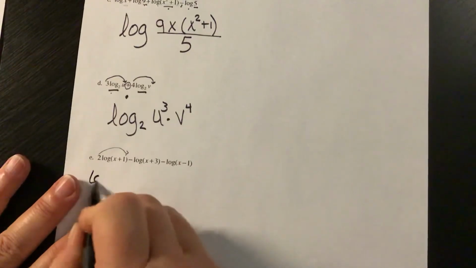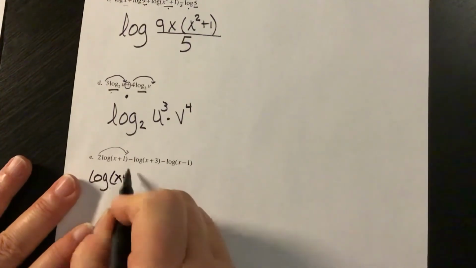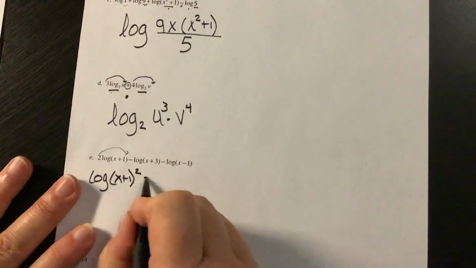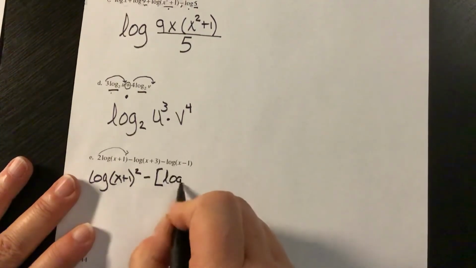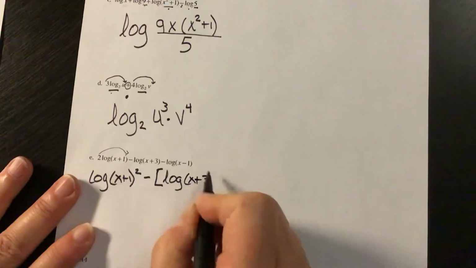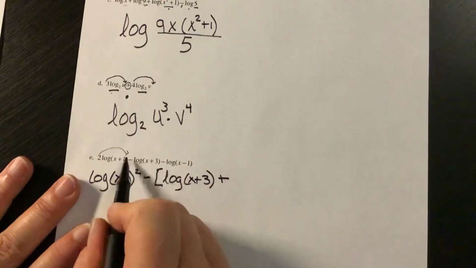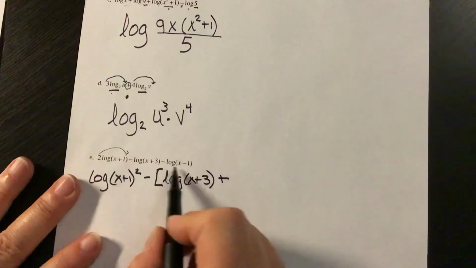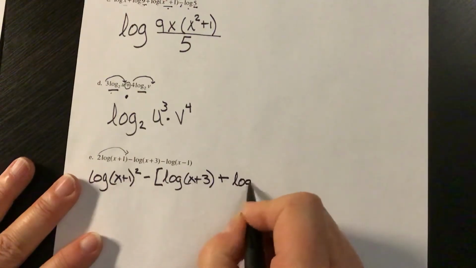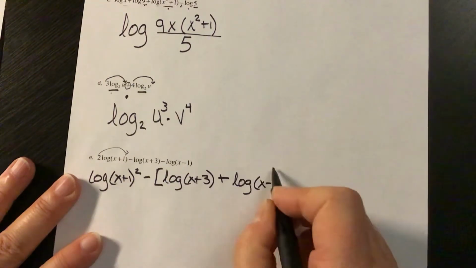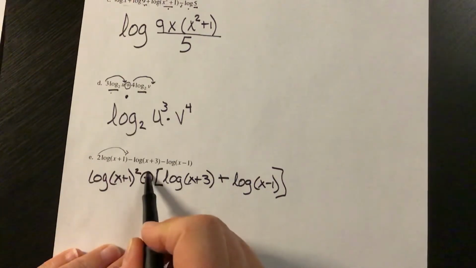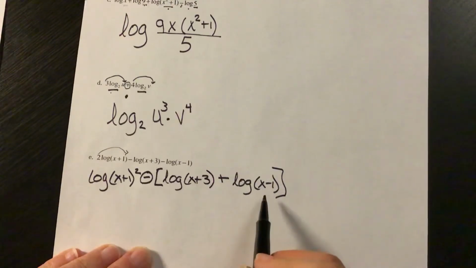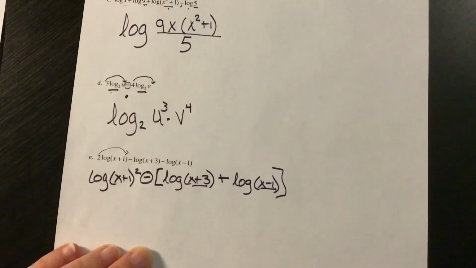So I'm going to have log of x plus 1 squared minus log of x plus 3 plus, because I factored that negative out, log of x minus 1. All right, so this tells me I'm going to divide by all of this. So these terms here are going to be on my denominator.